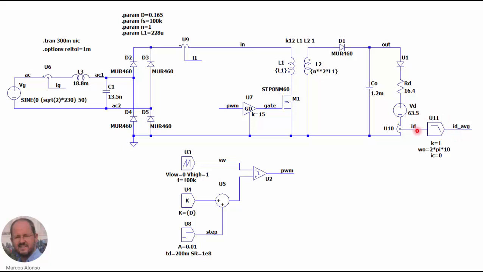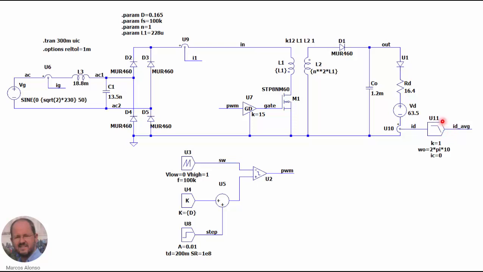The problem is that when we are adding this filter, we are also affecting the complete dynamic response, because now we will have to consider the dynamic response of the converter together with the dynamic response of the filter. So this is going to affect a little bit. But we are not going to enter into this in detail, so we will see that the dynamic response is pretty much as expected in comparison with the theoretical response.